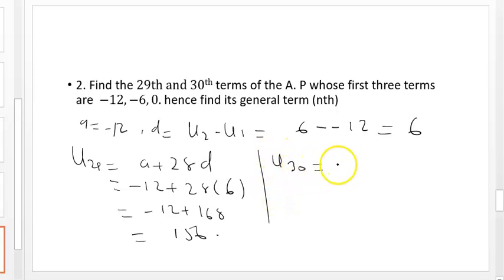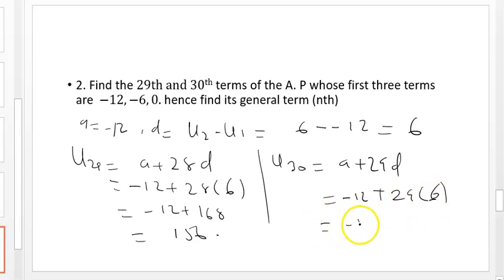U30 equals A plus 29D. Now A is what? Minus 12. 29 times 6 is 174. So 174 plus minus 12 gives us 162. Try them and see.